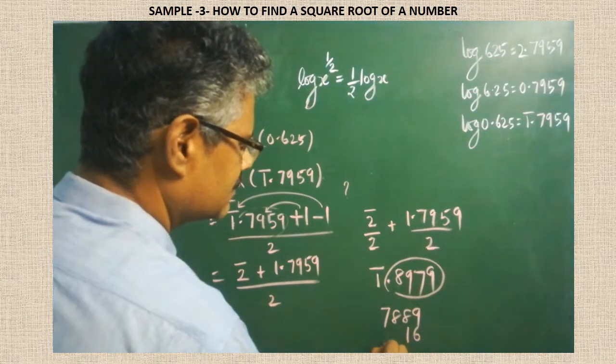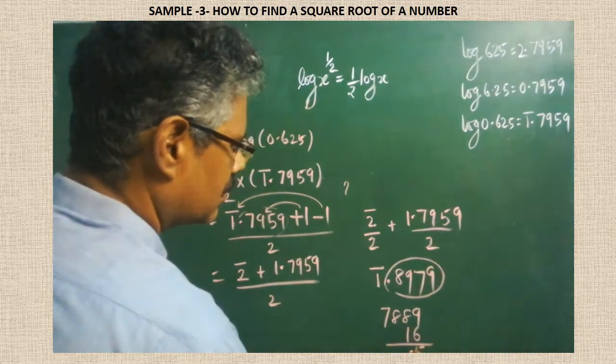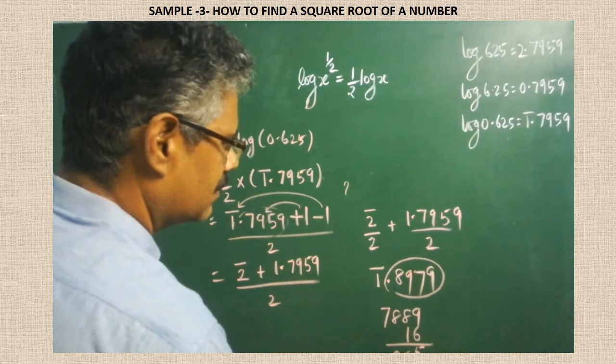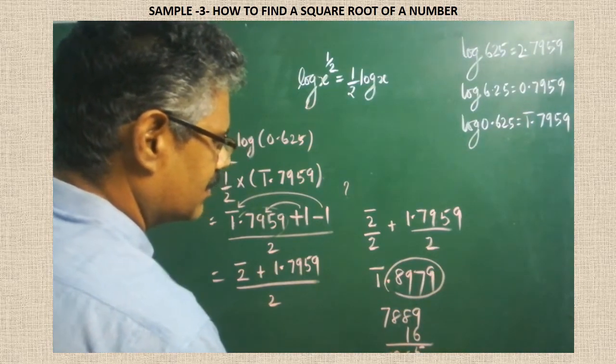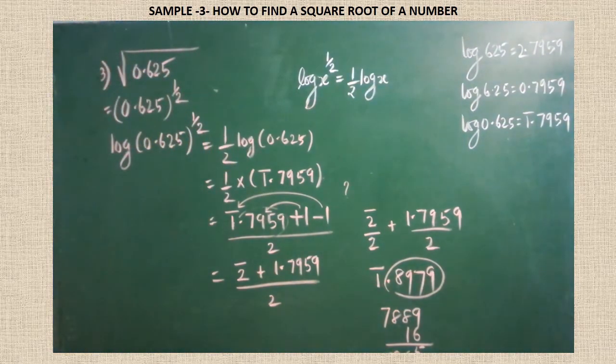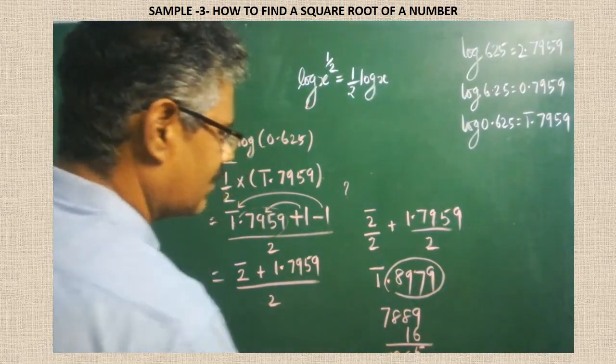You are getting 16, 5, 0, 9 and then 7. Again I will check it up. 7889, 8979, 7889. Mean difference is 16 and then after addition 5, 0, 9, correct. Now this is the anti-log value.